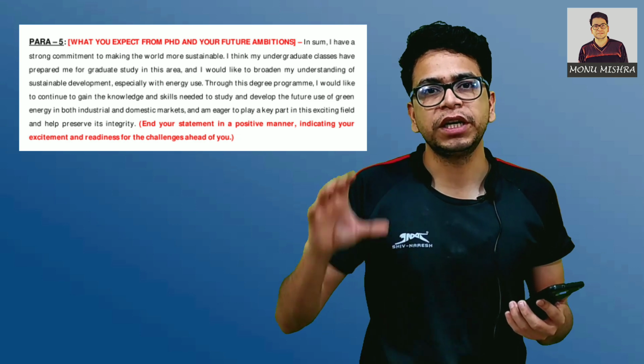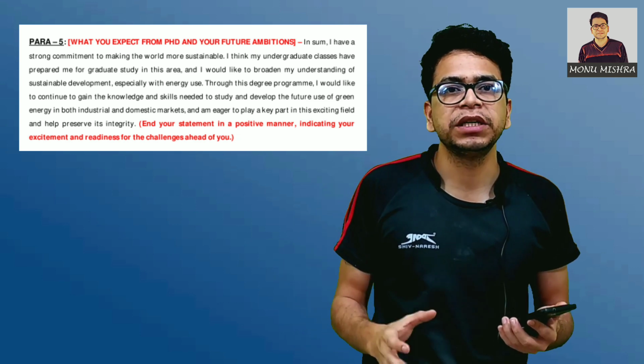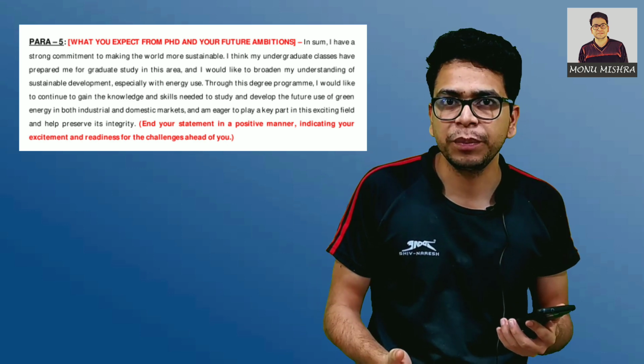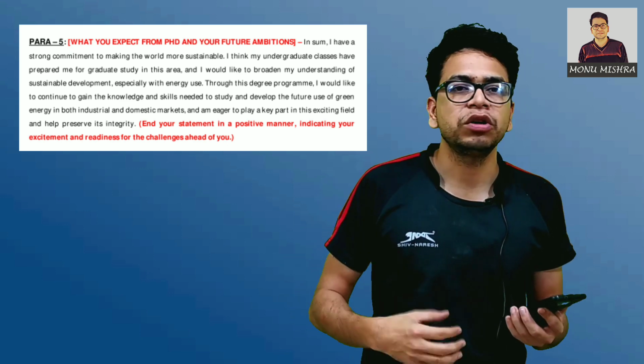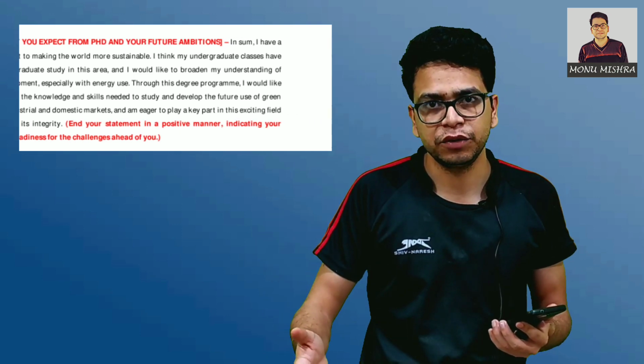Here you have to present a good image of yourself as well as the department, that this PhD is going to be very beneficial for me as well as the department, because I will learn this thing and then this will lead me to a good position in the future. So that is how the 5 paragraph SOP is good and going to land you a successful PhD application.